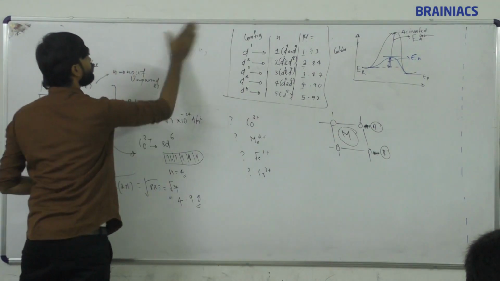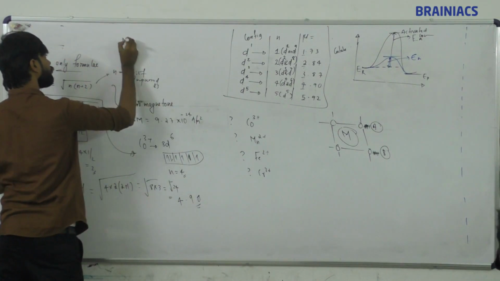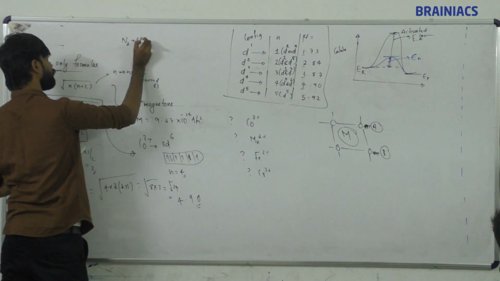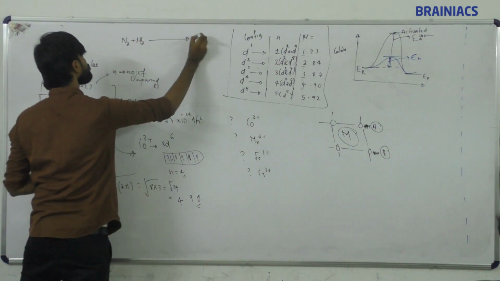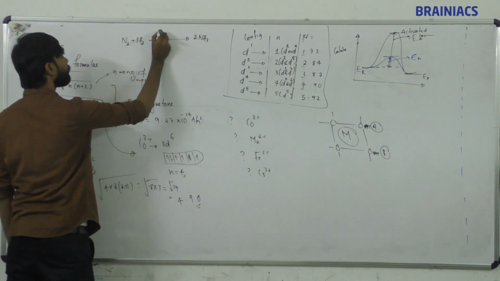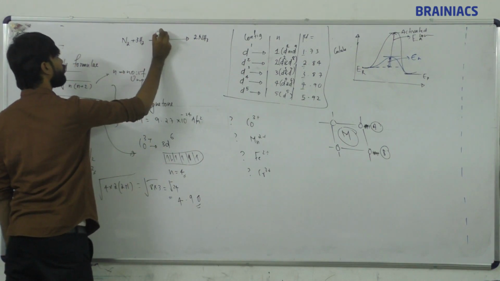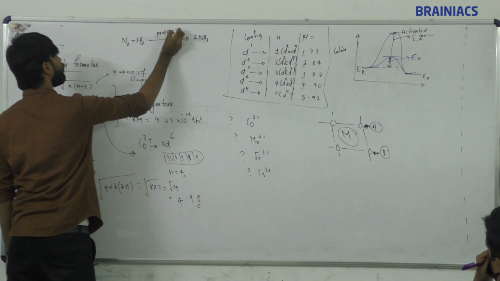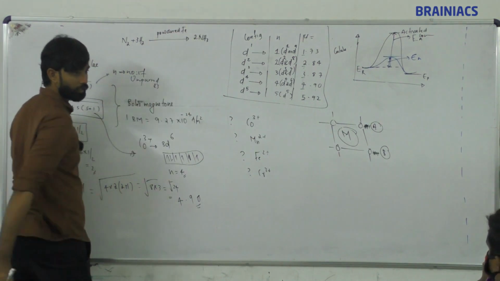You know, in the Haber process, N2 plus 3H2 gives 2NH3, powdered iron is used as catalyst.